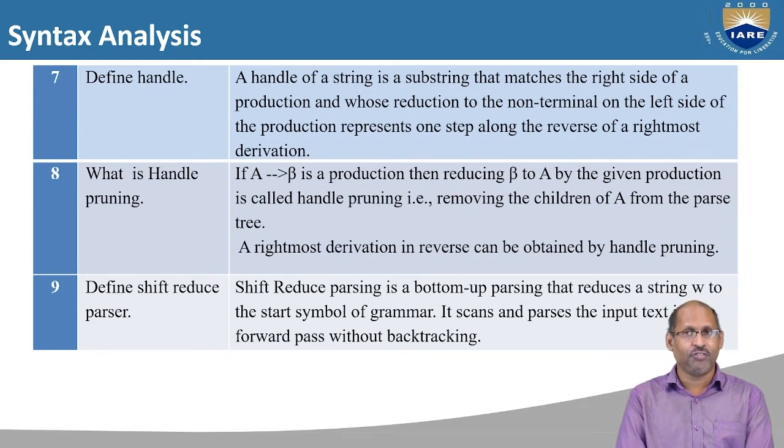Here, it performs three main operations: shift operation, reduce operation, then accept or not accept. Right? So, this is one of the bottom-up parsing methods, called the shift reduce parsing method.